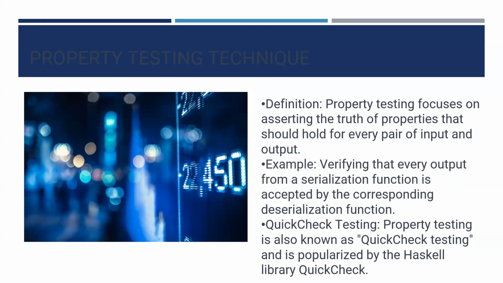Property testing is also known as QuickCheck testing and was popularized by the Haskell library QuickCheck. This approach ensures that our software not only produces correct results, but also adheres to specific properties across various inputs and outputs.